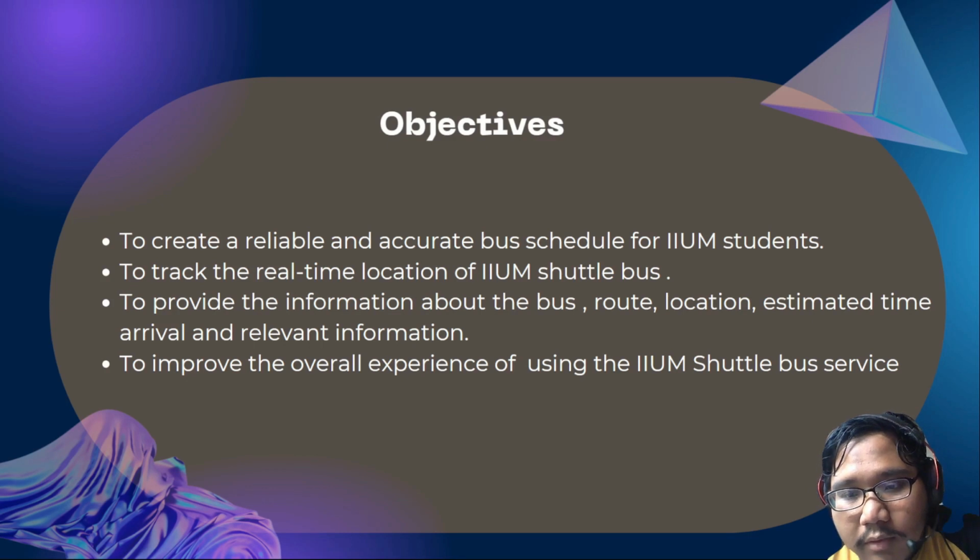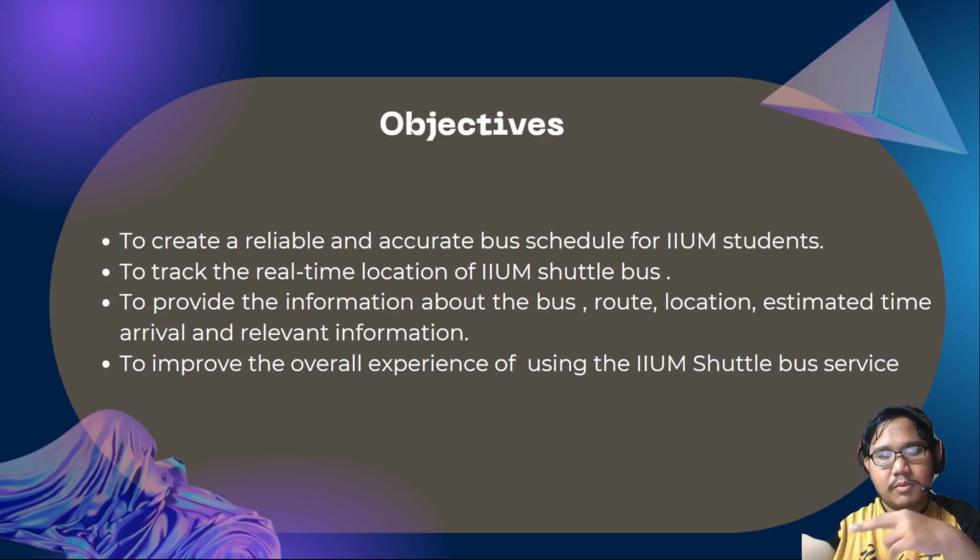From the requirement of real-time bus location tracking, students can watch the map in the application to track the bus, so they can see from time to time when it will arrive at their stops.